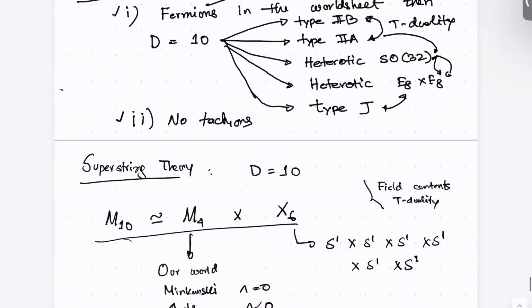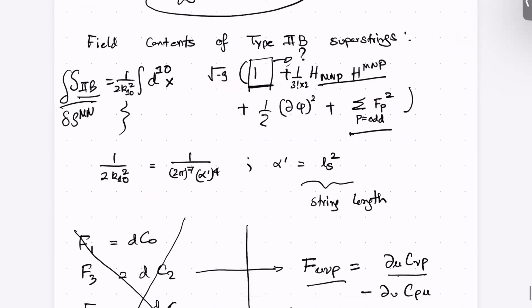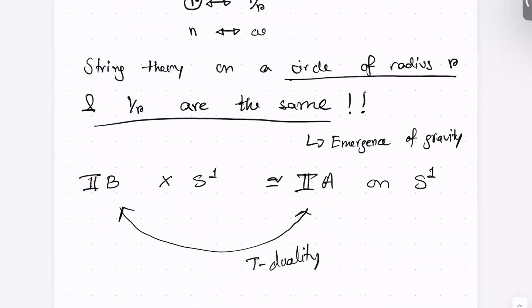What one does is takes this action, as she pointed out, that in this case you have P odd, and the field strengths are changed. Then in type 2A, you have P even. The field strength gets changed to even ones, and the spectrum matches in the lower dimensions.